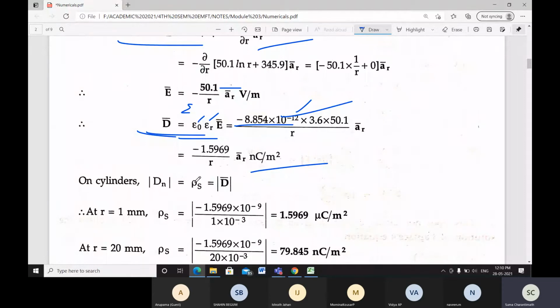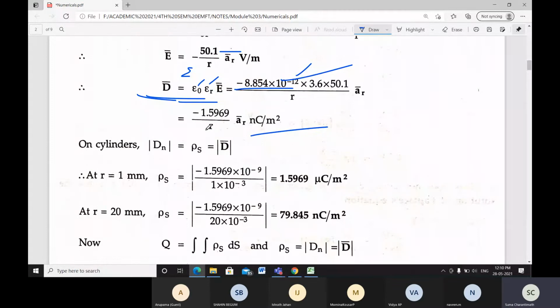Then about the cylinders, D N is going to be equal to what? We already know it is rho s, that is nothing but mod of D. Then at R equals 1, you have to substitute R as 1 and also at 20. We will consider the first case at R equals 1. Everything will be the same, just the mod of minus 1.5969 into 10 to minus 9 divided by, you substitute here 1 milli, 1 into 10 to minus 3, then you will be getting 1.5969.